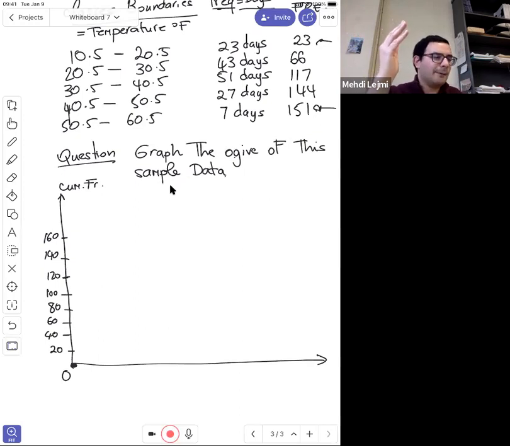So you need to choose a kind of large unit here, right? That's why I decided to go with 20. But if you put 1, 2, 3, then you're gonna need a lot of space, right?